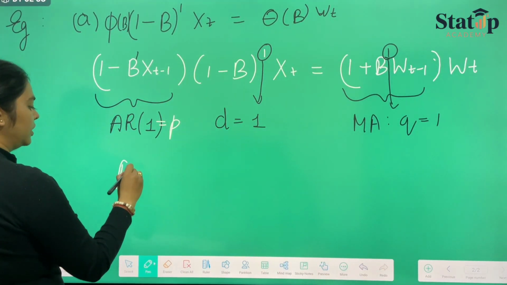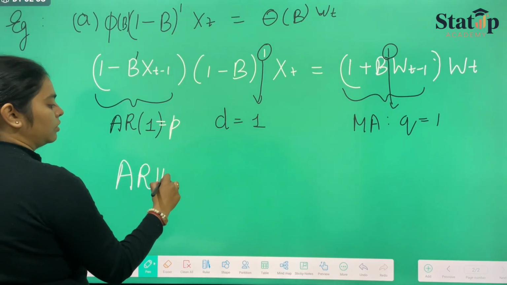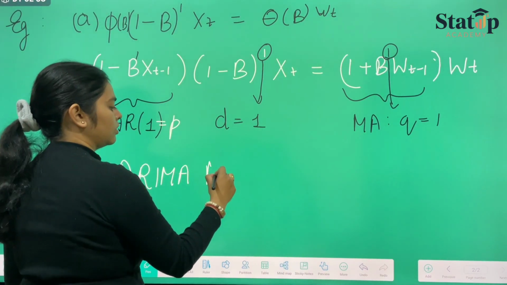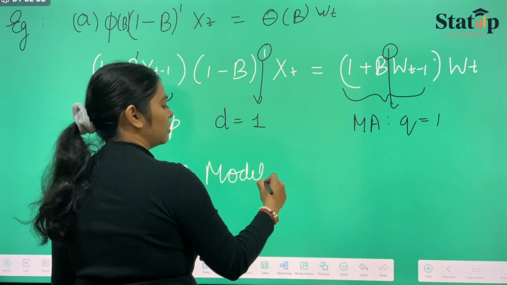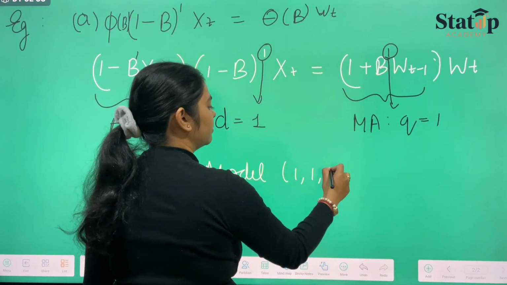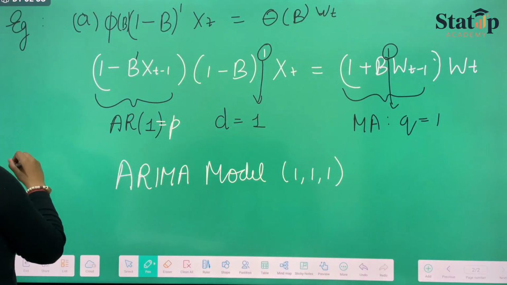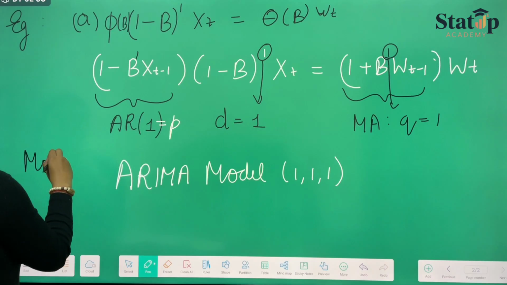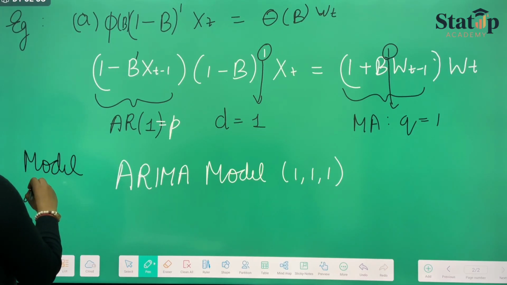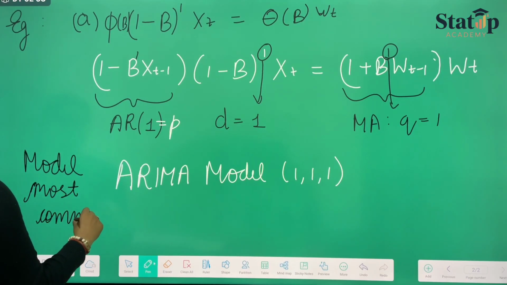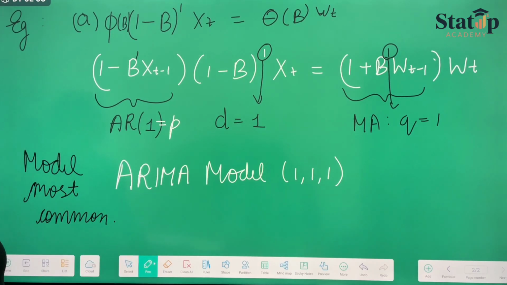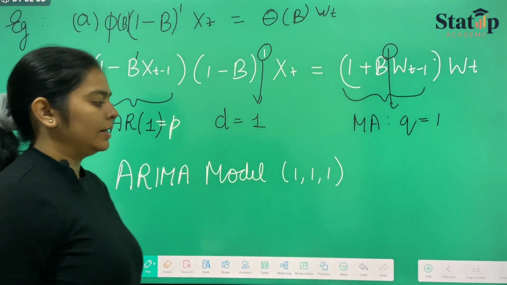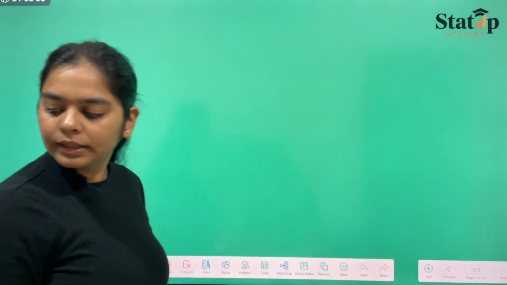So this is our ARIMA model of order 1, 1, 1. And this is the most common model of the ARIMA method.